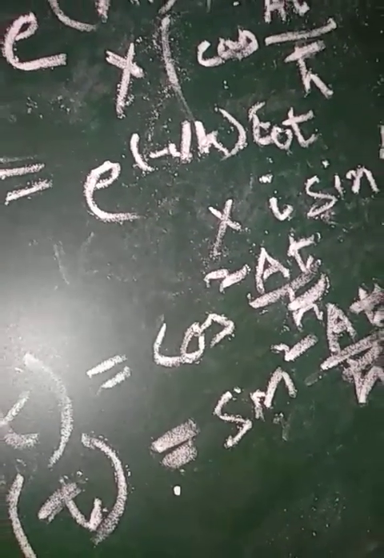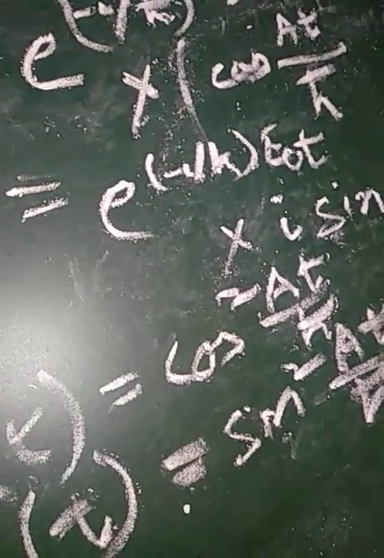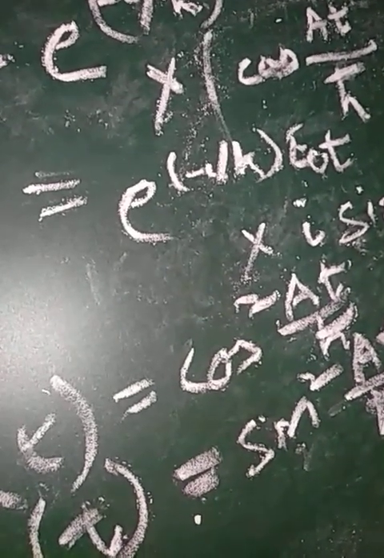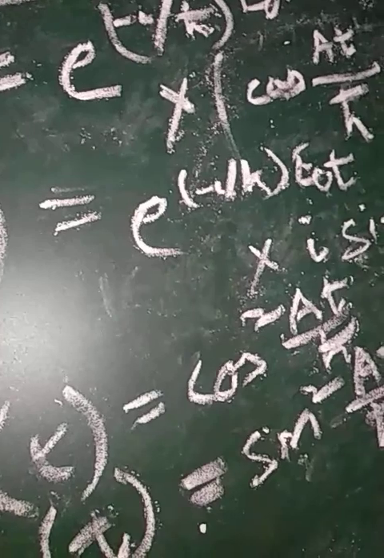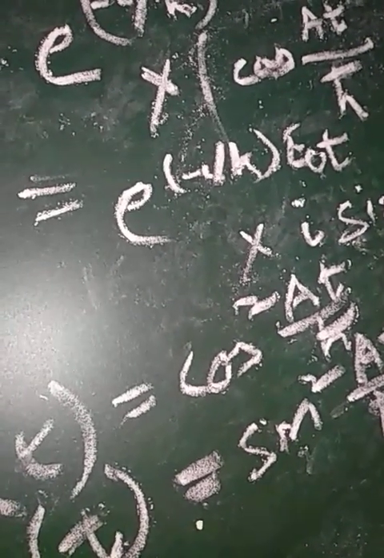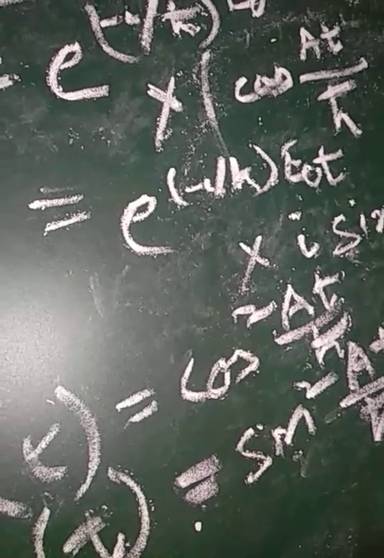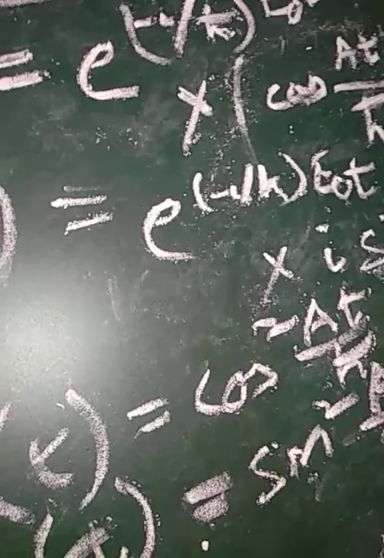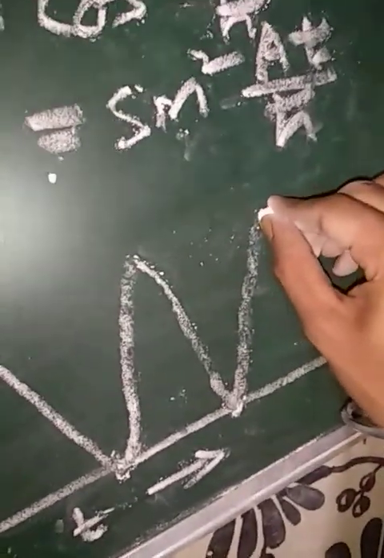Over certain intervals it will vary, and cos squared will look like this.